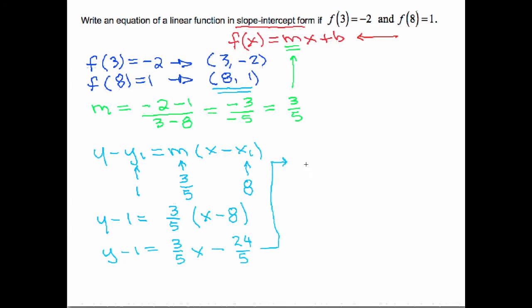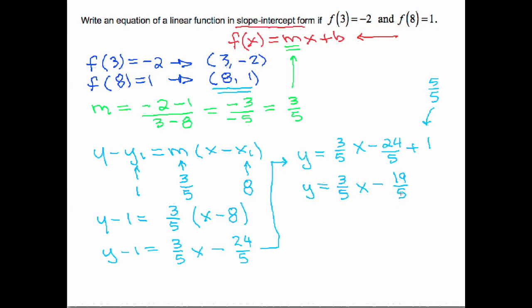So if I add a 1 to both sides, I get y is equal to 3/5 x minus 24 over 5 plus 1. I'll remind myself that 1 is the same as 5 over 5. So now I have y is equal to 3/5 x, and negative 24 over 5 plus 5 over 5 is negative 19 over 5.